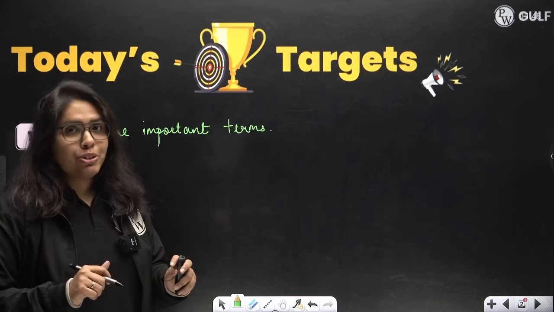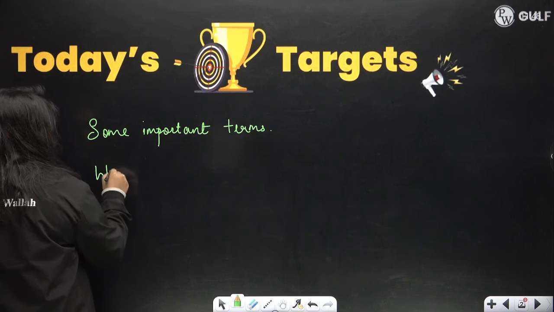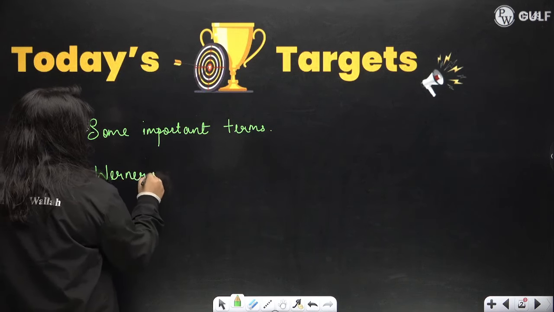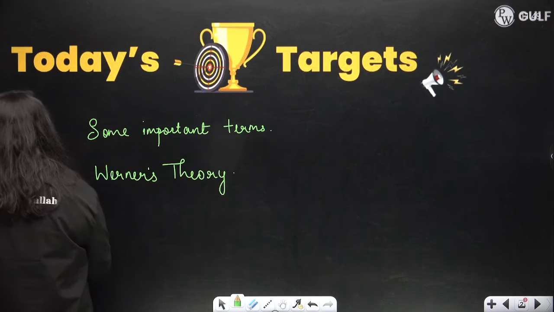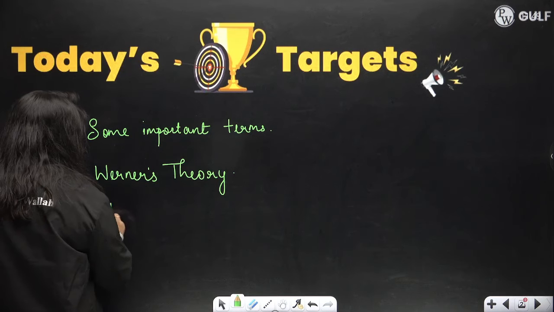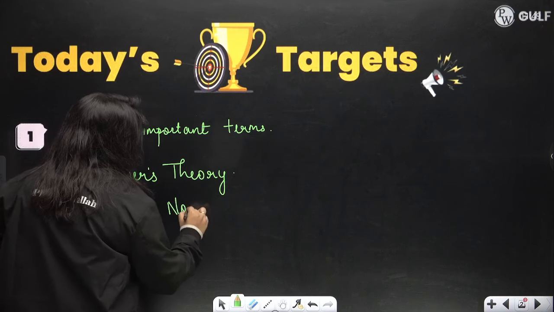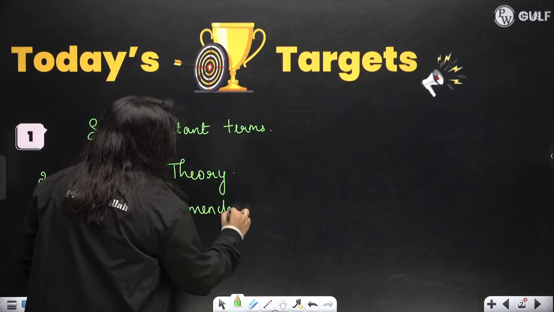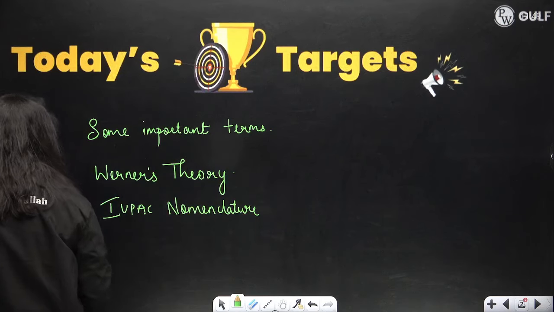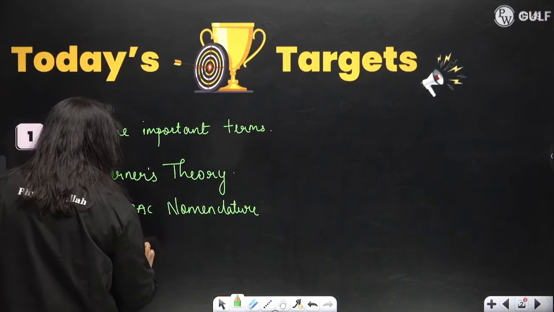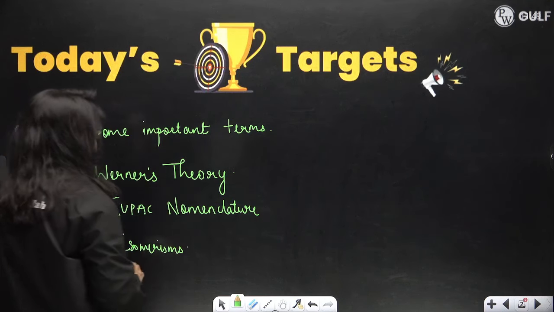So that is what we shall be doing first, followed by Werner's theory, and we will then be looking at IUPAC nomenclature, that is naming of coordination compounds, how to name coordination compounds, and finally we will be talking about the various kinds of isomerisms that are shown by these compounds.